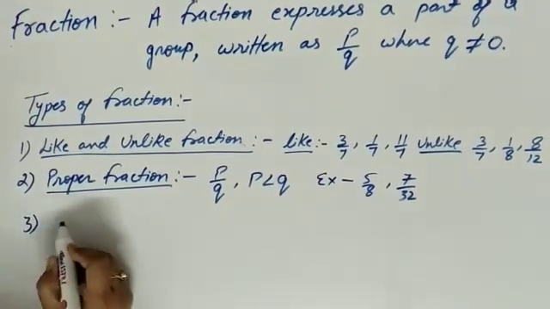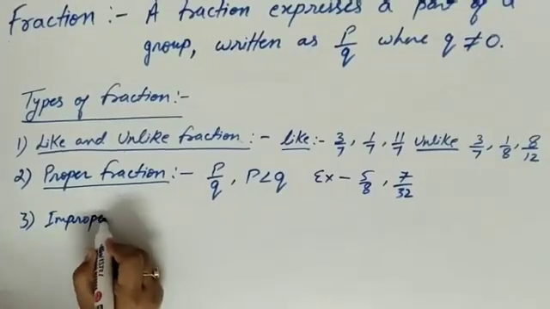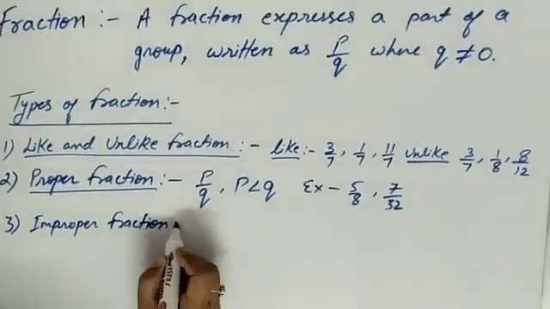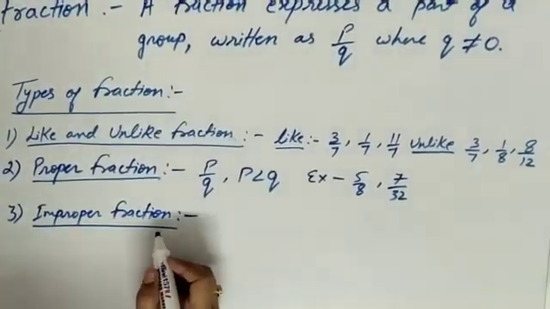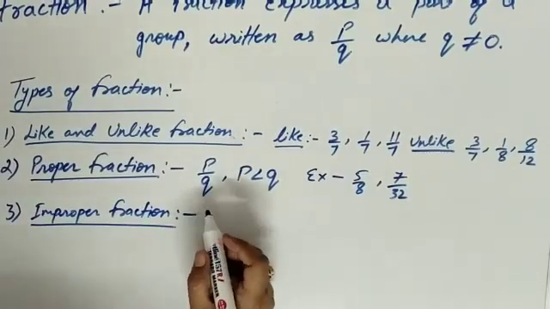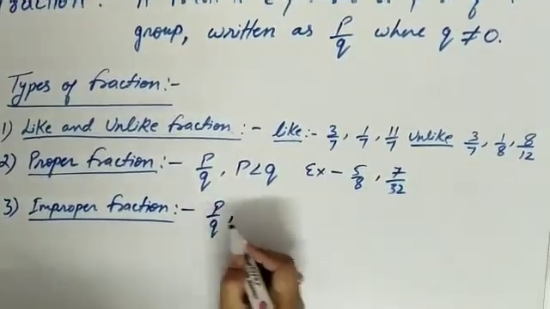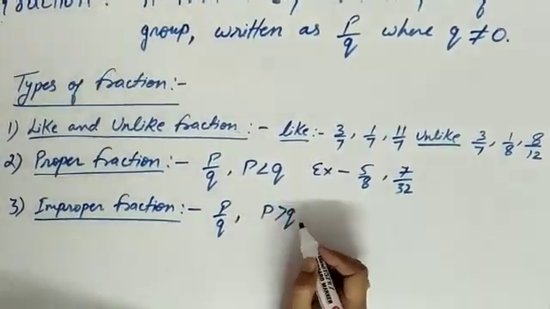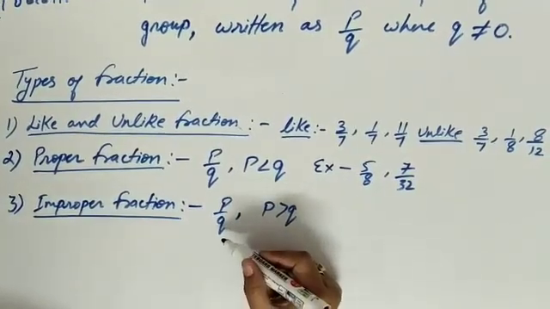Now third is improper fraction. An improper fraction is also expressed in the form of P upon Q, where P is greater than Q, means the numerator will be larger than the denominator.